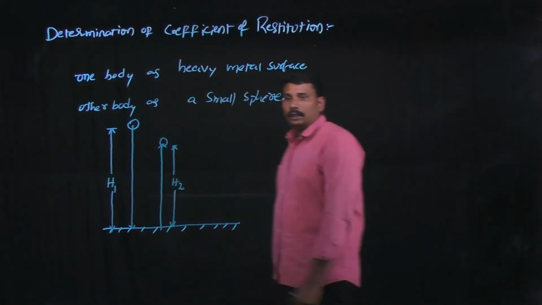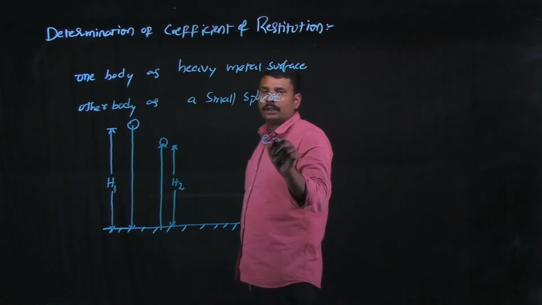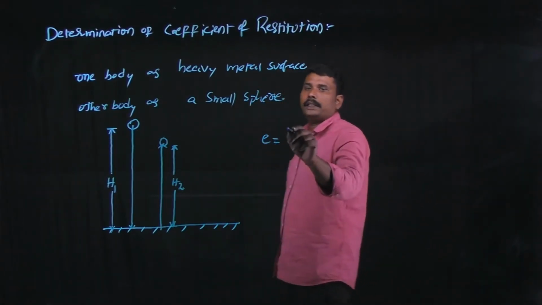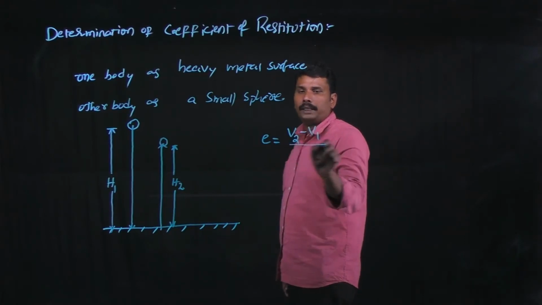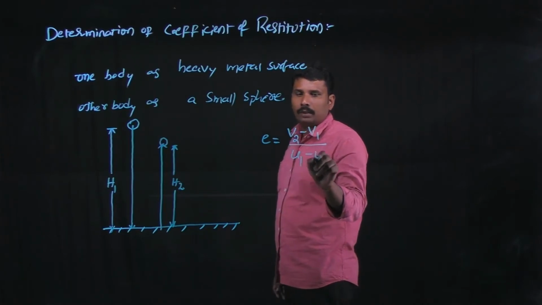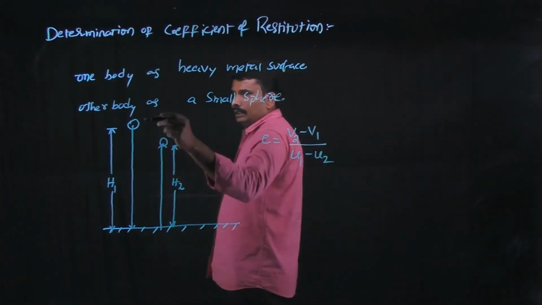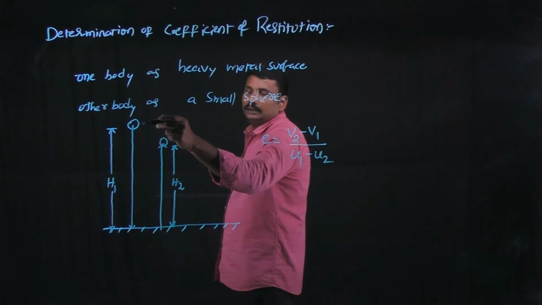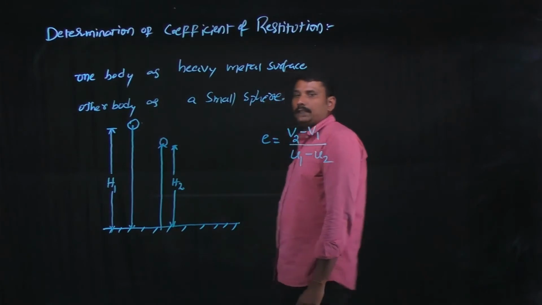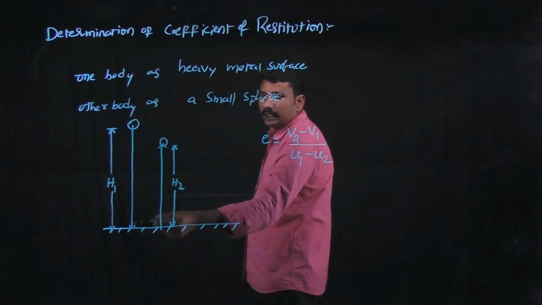Now according to the definition of the coefficient of restitution, e equals the relative velocity of separation after collision, v2 minus v1, by the relative velocity of approach before collision, u1 minus u2. Let us consider the first object as the small sphere and the second object as the heavy metal surface.